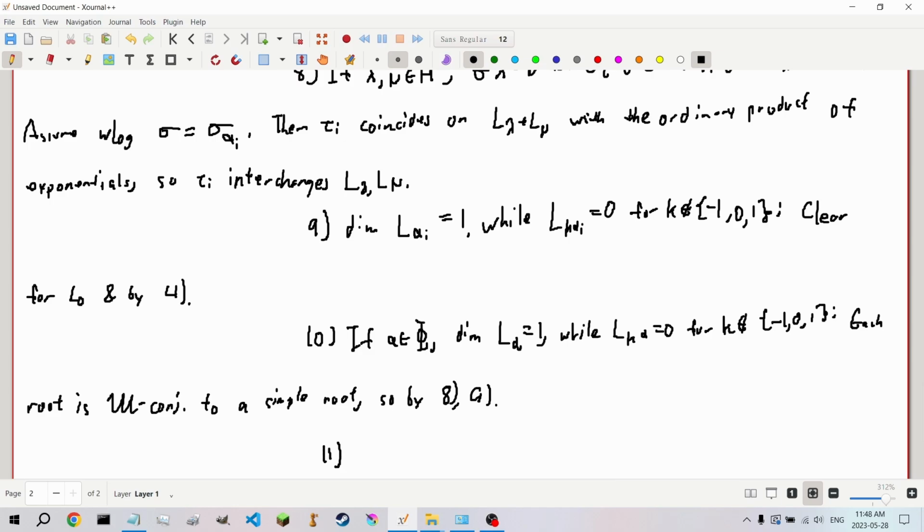Step 11. If the eigenspace with character lambda is non-zero, then lambda is a root, or it is 0.